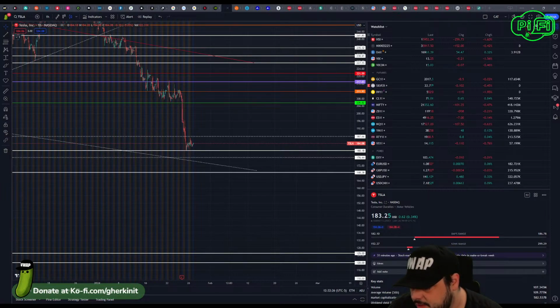I'm trying to figure out why TradingView won't fill the entire screen. No? Stretch to fit?